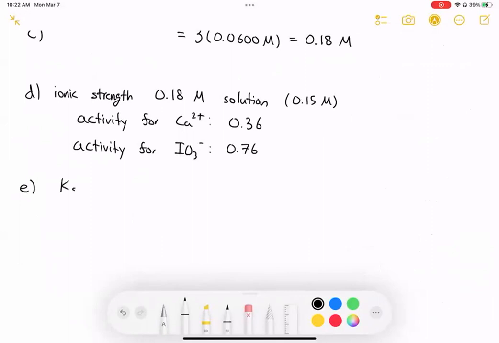Our equilibrium constant will be the activity of Ca 2 plus times the activity of iodate. When we have activity of iodate, there are 2 of them, so we need to square it, just how you would square the concentration in an equilibrium constant.